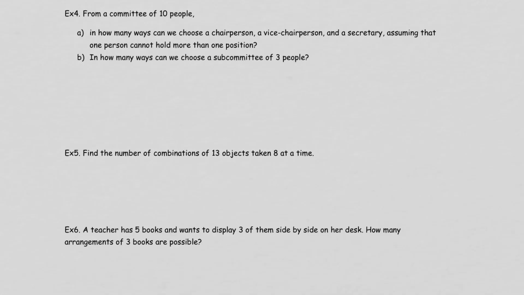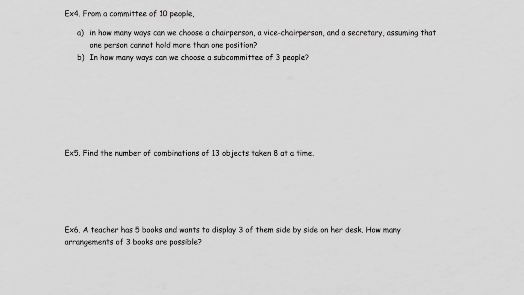Let's look at example 4. Example 4 is from a committee of 10. So the total number is 10. A. In how many ways can we choose a chairperson, vice chairperson, and secretary? Assume that one person cannot hold more than one position, right? So this one, we're picking chairperson, vice chair, and secretary.